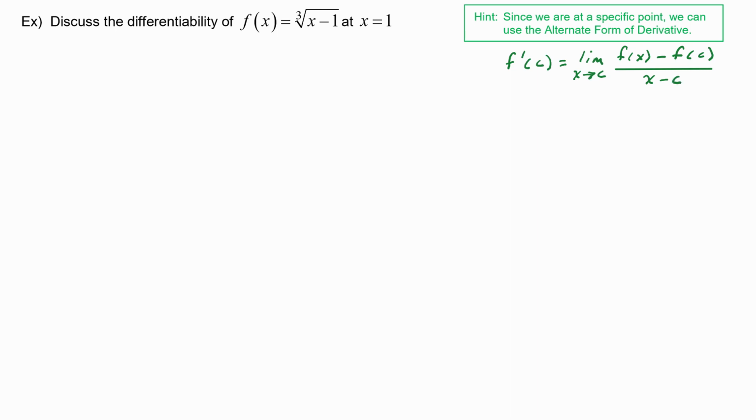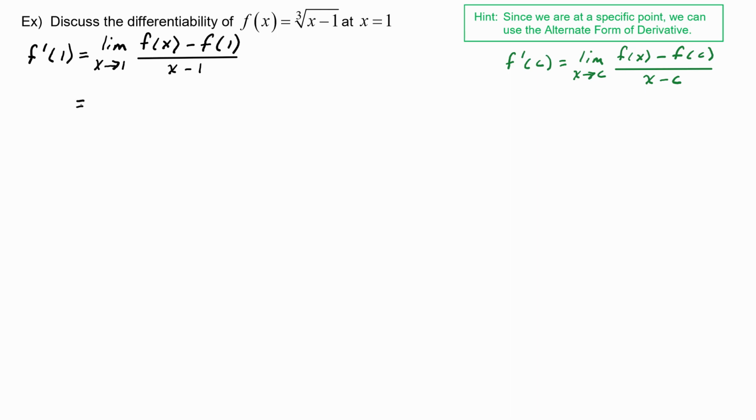And when we can use this alternate form, we like to, because often it's a little bit simpler than using the definition of derivative. So then in our case, f prime at x equals 1 is going to be the limit as x goes to 1 of f of x minus f of 1 over x minus 1.